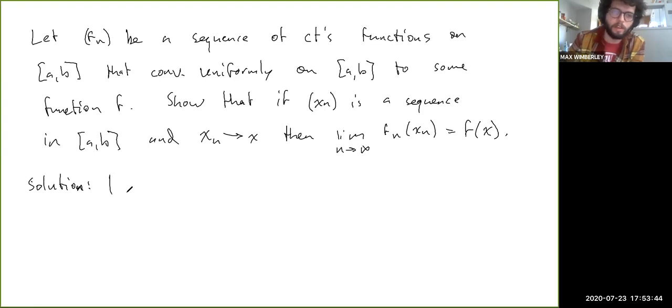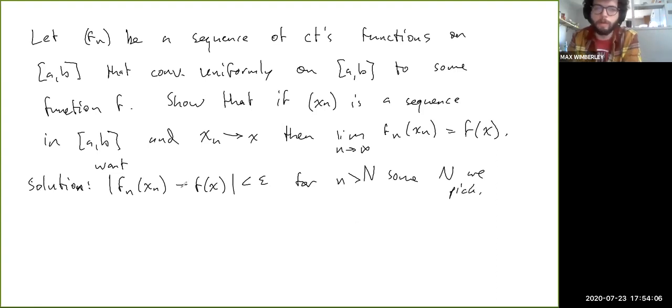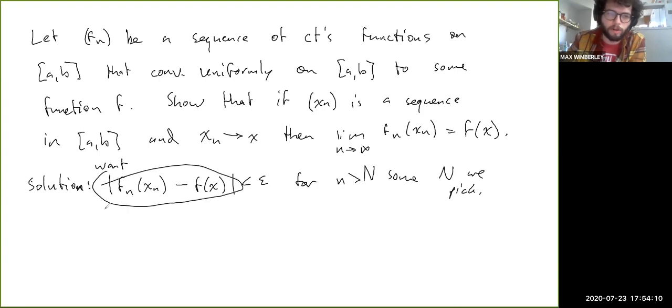So I think in this case, it helps to write things down. For one thing, we want to think about what we want in the end, right? We want this to be less than epsilon for n greater than some n we pick. That's what we want in the end. And so what you want to do is think about what you can do with this expression.